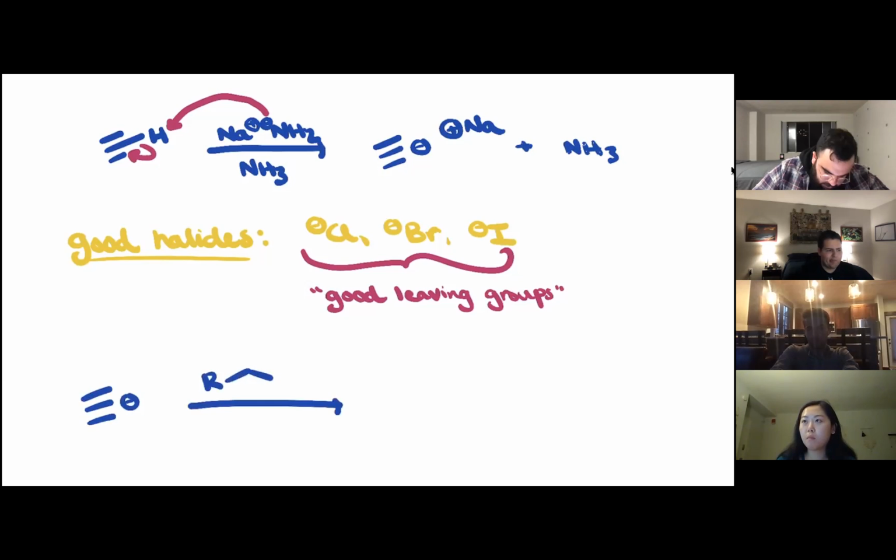So here, like bromine, okay? Now, what's driving this reaction is the fact that bromine, as you know, has a partial negative, right? This induces a partial positive on this carbon over here. That makes that carbon very electrophilic, okay? If that carbon is electrophilic, it'll want to accept electron density.